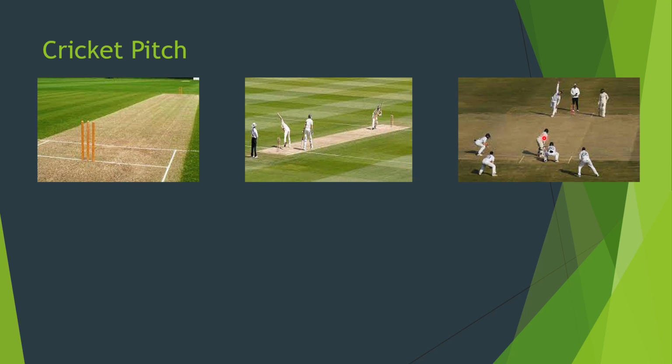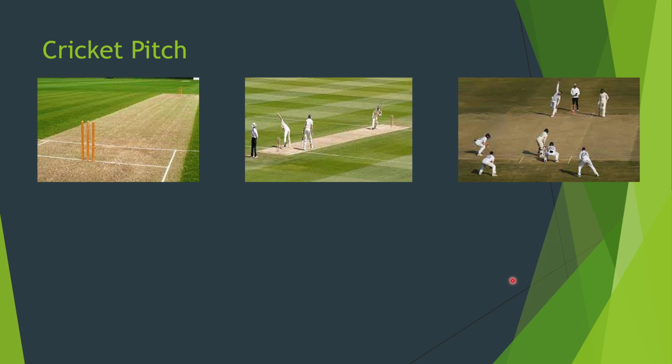This person here who is trying to hit the ball is called a batsman. So is this one. This person is also a batsman, but this person is said to be at the striker's end, and this batsman is said to be at the non-striker's end. This is the umpire, and these are all the fielders.